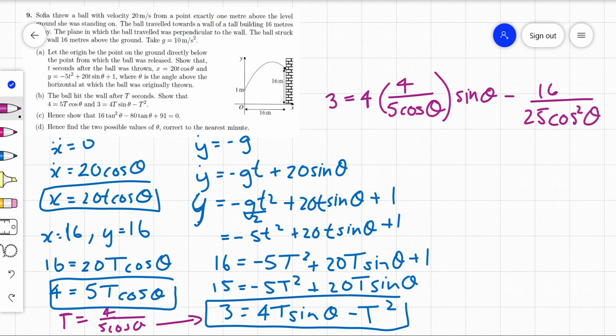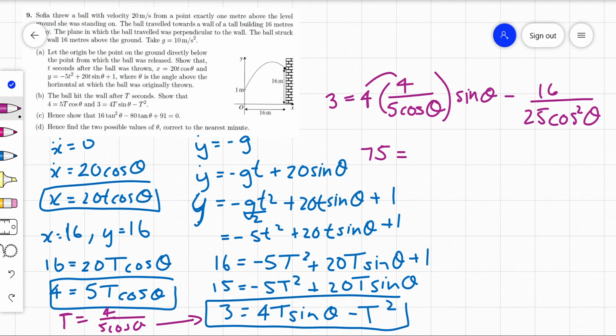All right, so I'm going to multiply everything by 25 to get rid of that denominator. So I'm going to make this 75 equals, multiplying by 25, I'll just have a 5 on top, and there's already a 16 because 4 fours are 16.